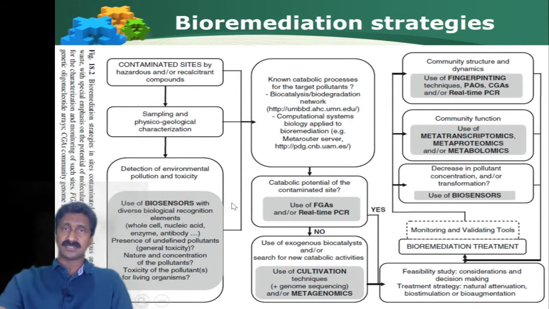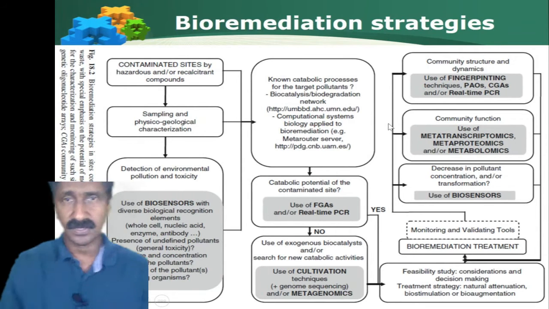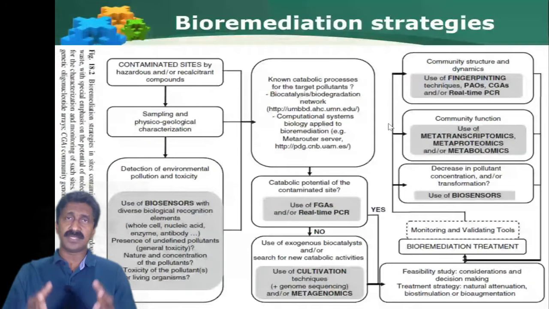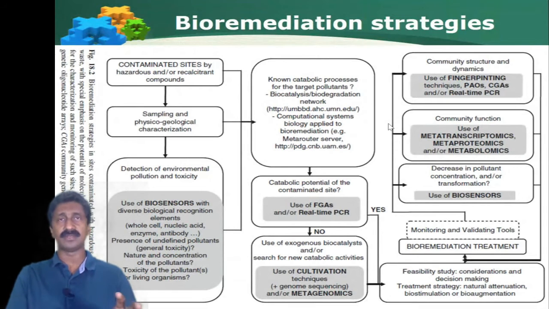Once it is done, then you will look for existing measures, if any, for bioremediation. So if there is an already existing catabolic process which is available for treating a particular pollutant, then you can use that pathway.